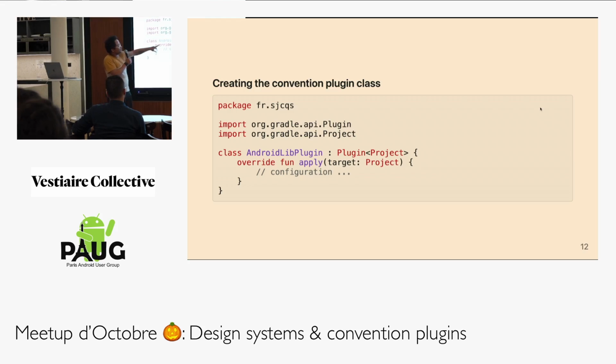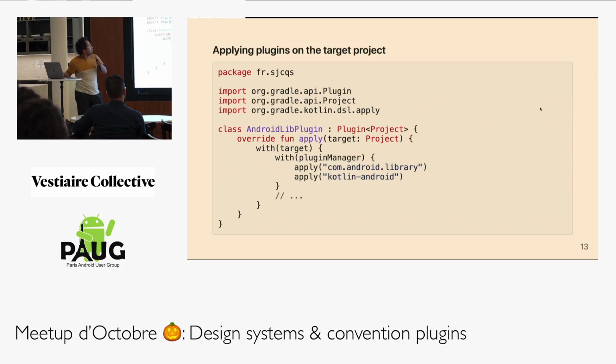It's simply a Gradle plugin which has a project as a target. First, we want to apply the plugins that are going to be used by the target project. Here we want to apply the Android library plugin and then the Kotlin Android plugin using the plugin manager. This way the project will have those 2 plugins configured.